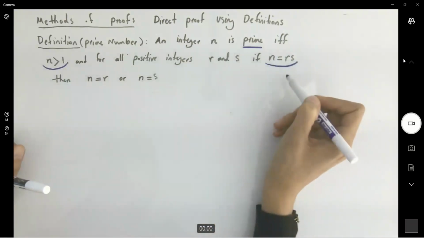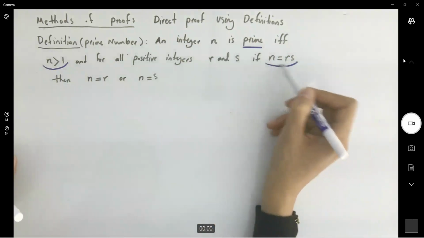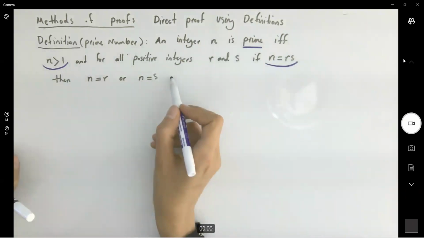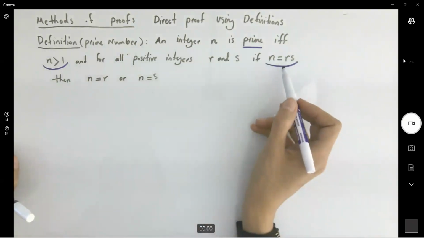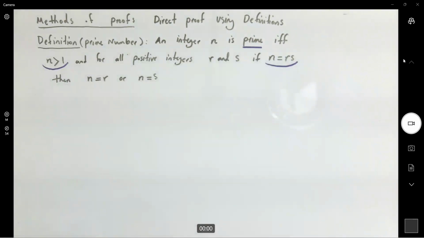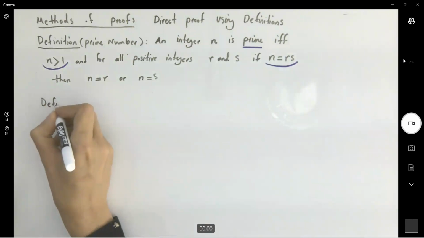If the number is the product of two other numbers, one of them is definitely 1. When we say n equals R, n equals S, it means that one of these is eventually equal to 1. Otherwise, we say that, hey, that number is a composite number, or officially we write it this way.